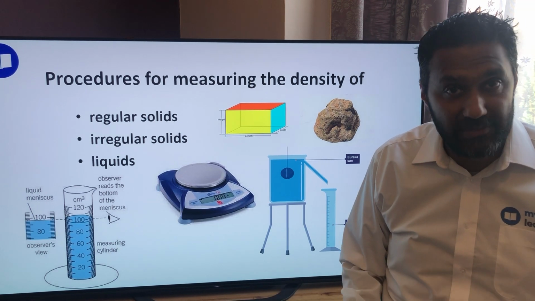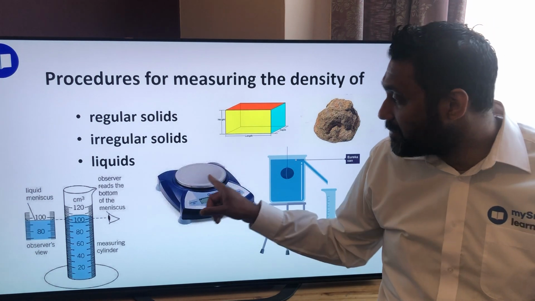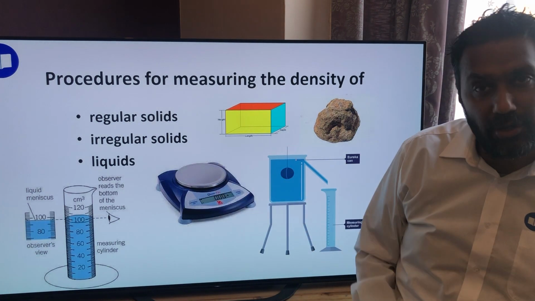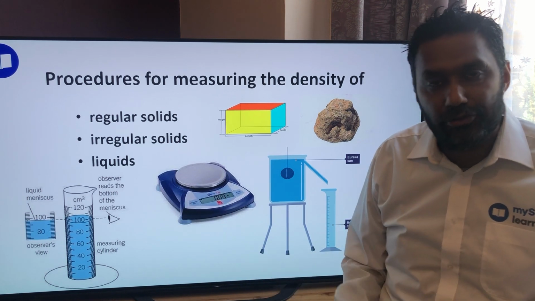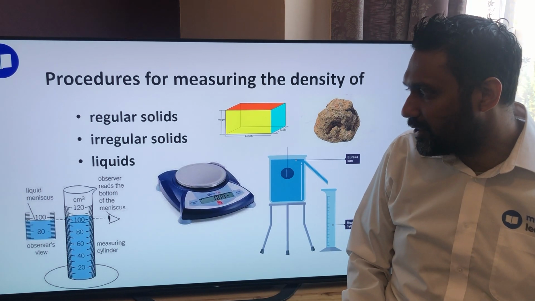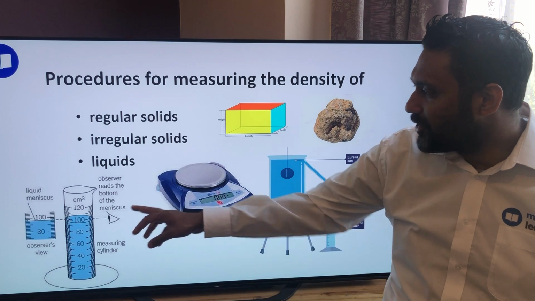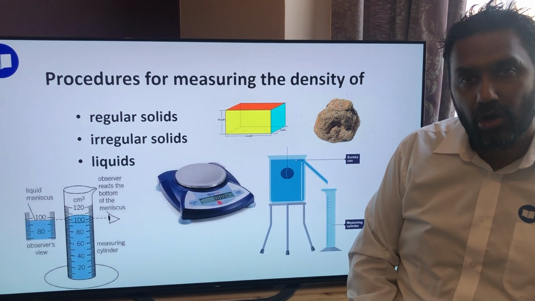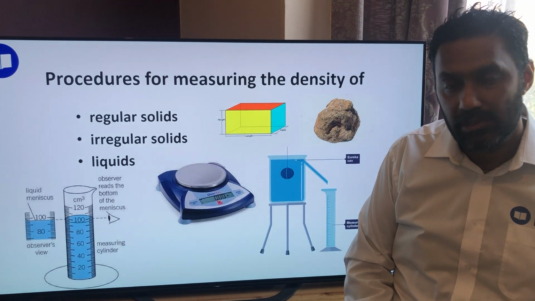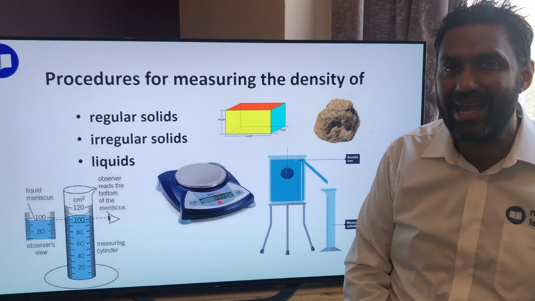It's the mass bit that gets people confused and tricky. I need to measure the mass of the liquid. Now I can't just pour it on top of the top pan balance, it'll just go everywhere. So obviously I can't weigh it. So the way you get the mass of the liquid is this. You get your empty measuring cylinder and you place it on your scales. So then you might have a number. Let's say the number is 10 grams.